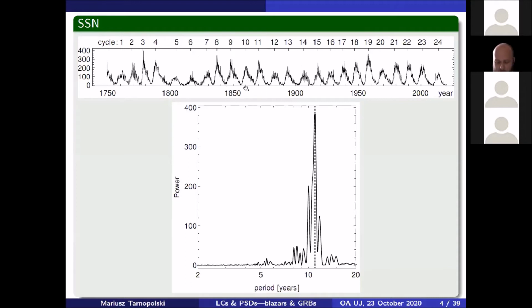And indeed, in the LSP, you can see some peaks, and the most prominent is almost exactly at 11 years here at the dashed line. So this looks very convincing, and the LSP in general was actually designed with an application in identifying periodicities in stars or asteroids and so on, and works well here also as presented.